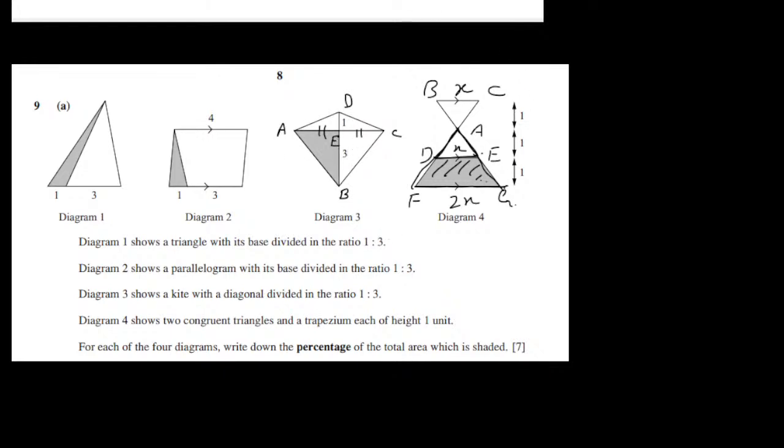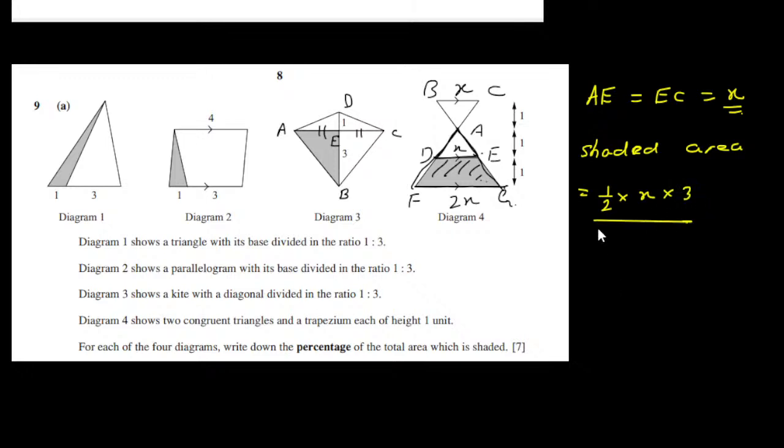So here your AE will be equal to EC. I will consider that as X. Now your shaded area, if I see shaded area, shaded area will be equal to half into base, which is X, into height is 3.